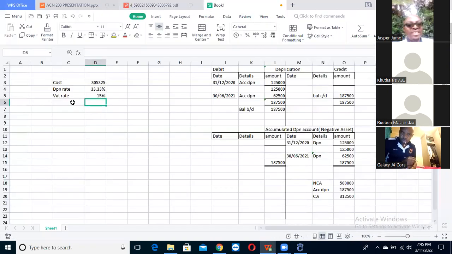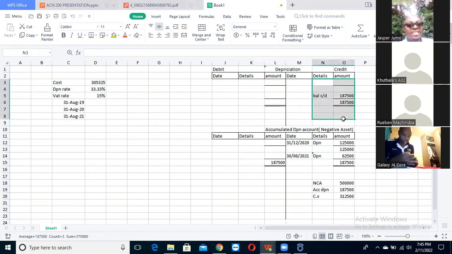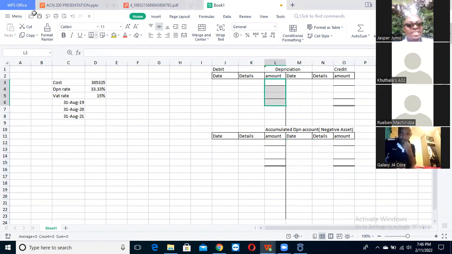So 31 August 2019, and then 31 August 2020, and then 31 August 2021, 3 years all in all. But we are not sure yet if we have got anything that must be accounted for not as a full year.